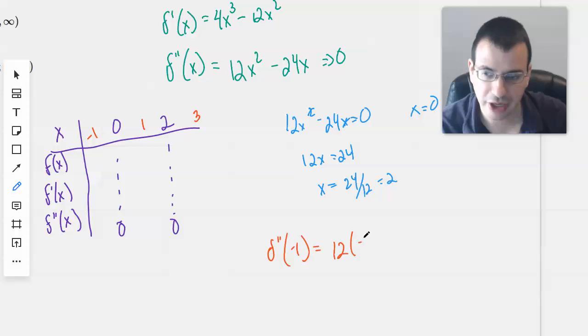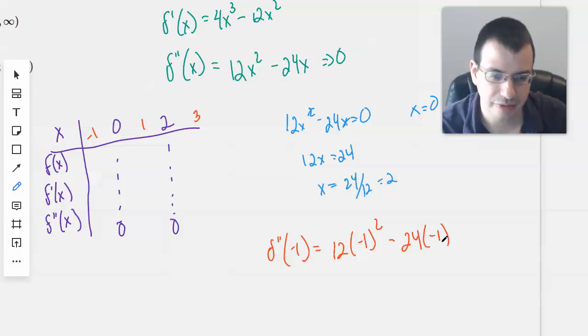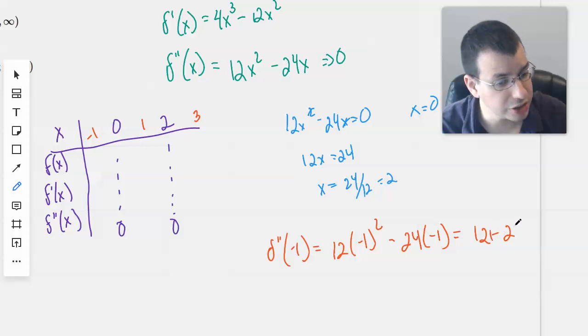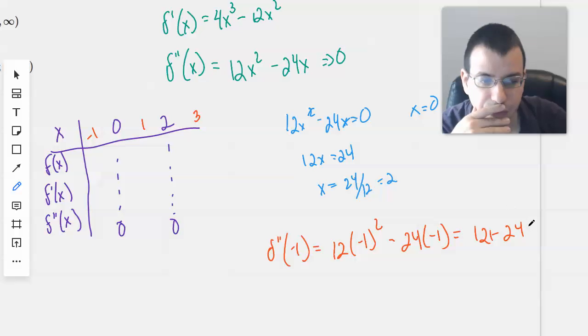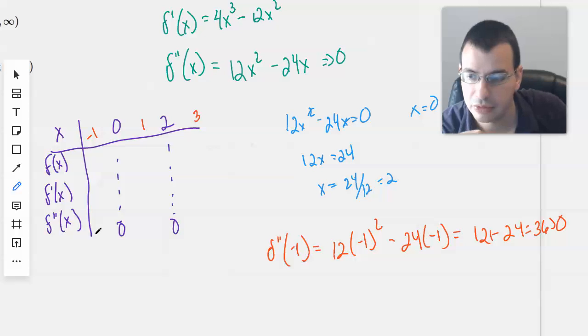So 12 times -1 squared minus 24 times -1 equals 12 plus 24, which is 36, which is greater than 0. So this part is concave up.